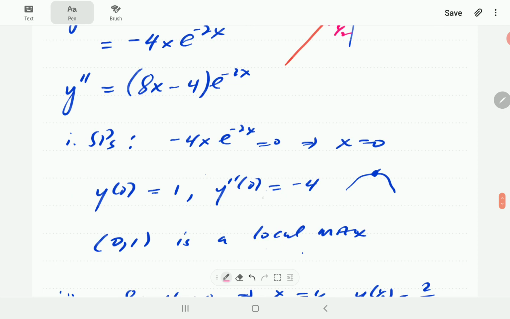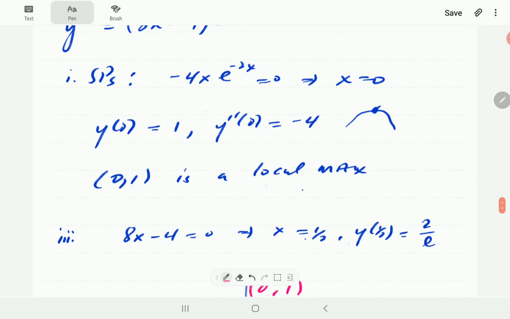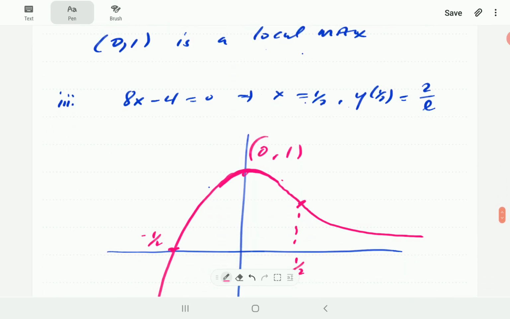For the second order derivative, if we plug in x is 0 here, you find minus 4. So that gives us a local maximum. And if we look for the inflection point, we find an inflection point at x equals half. So that means on the right hand side of the origin.